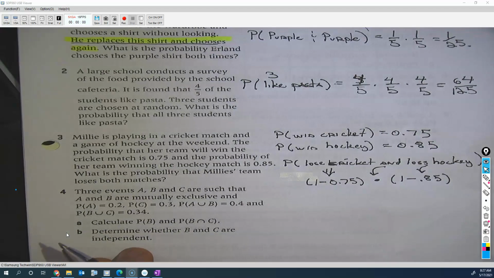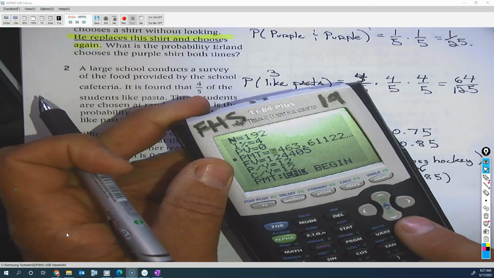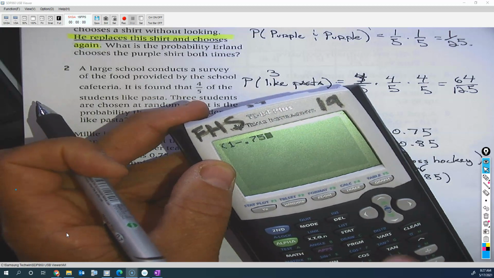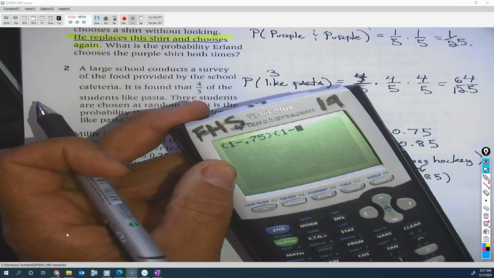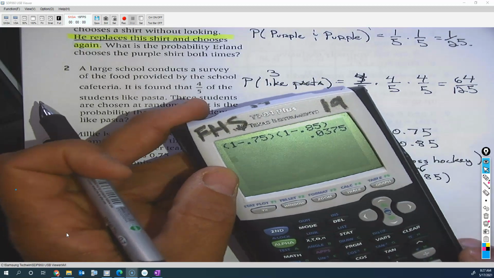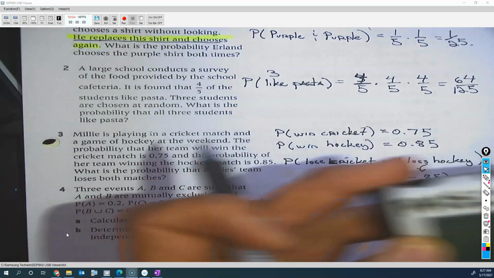The complements. Okay, so multiply those two: 1 minus 0.75, 1 minus 0.85. Okay, and then there's my probability.